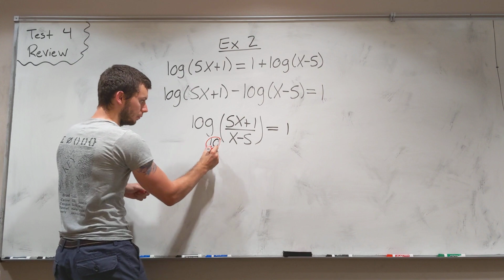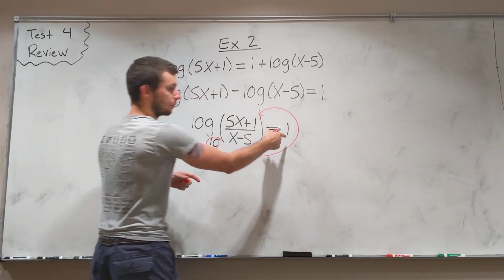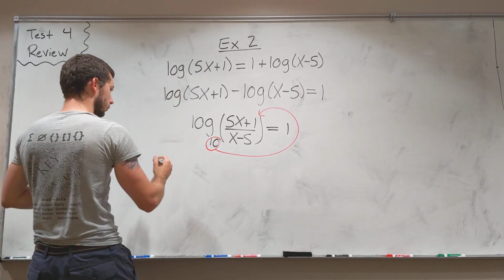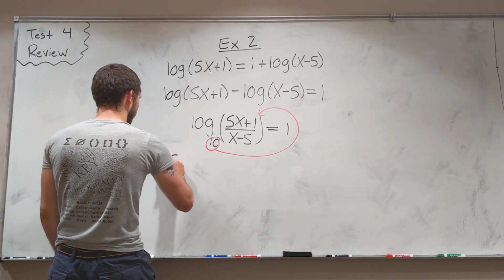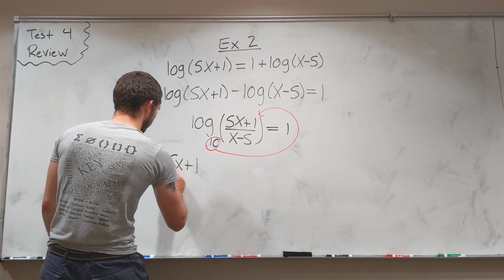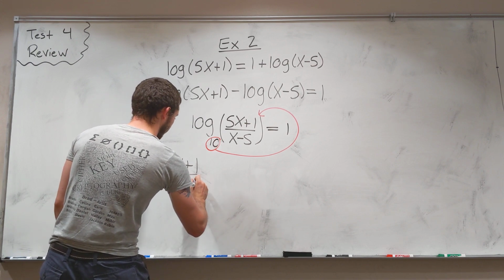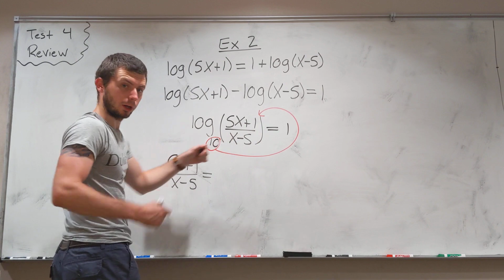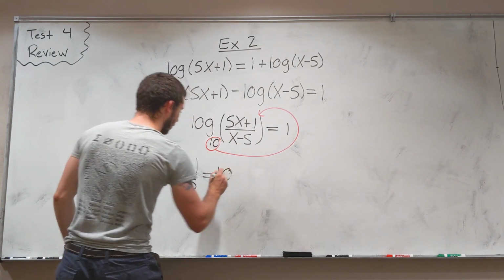So now we have 10 raised to the 1st power is equal to the fraction here. And we do have 10 raised to the 1st power. I'm just going to simplify that as 10.